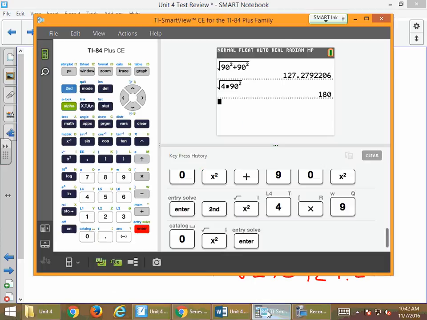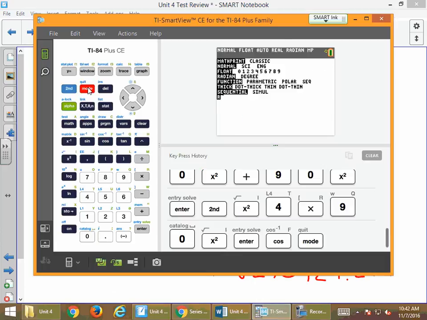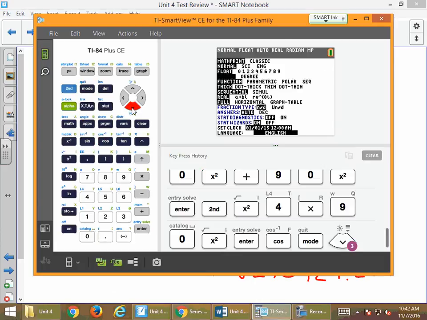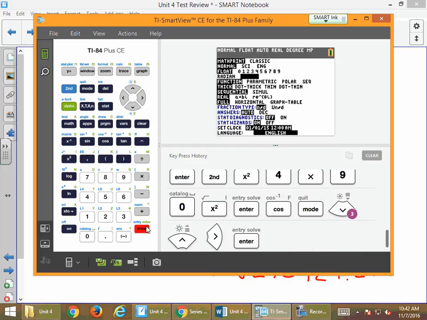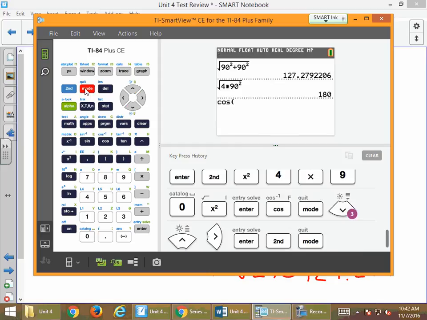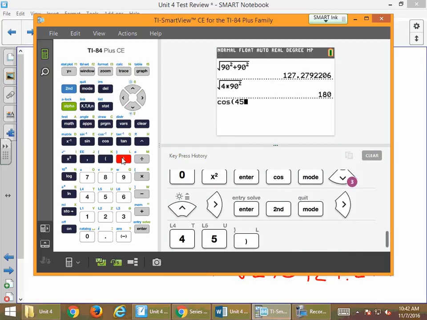So you're going to do cosine. I need to check my mode. Yep, it's in degrees. You do cosine of 45, which gives us that decimal. When you're using a graphing calculator, you have to be very specific.